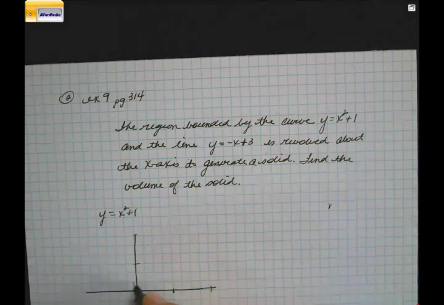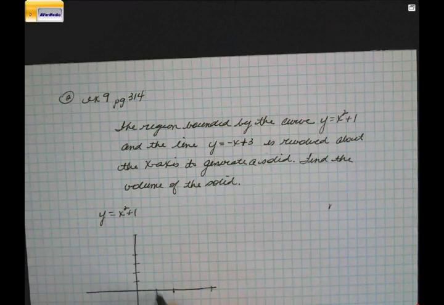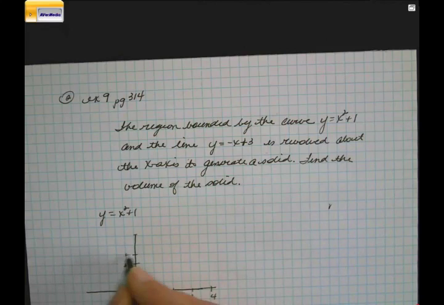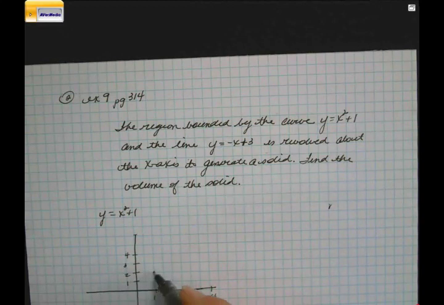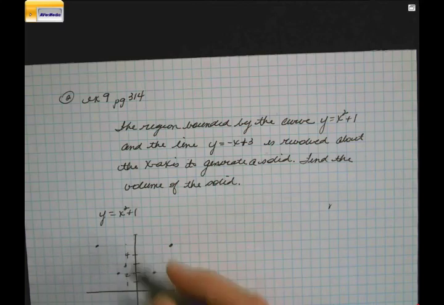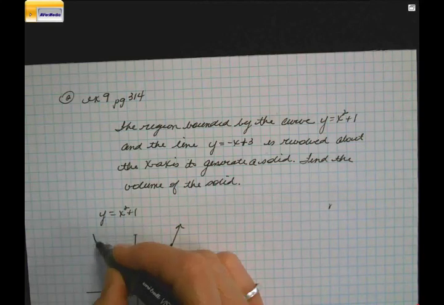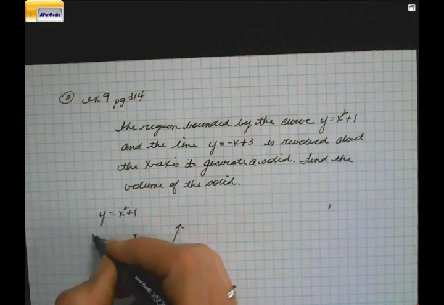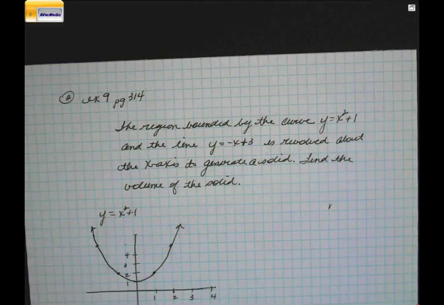So y equaling x squared plus 1 starts here, goes to here, like this. And so here's your parabola, or something like this. I don't have it perfect, so I'm doing it pretty quickly. Here's our parabola, and then we have the line y equaling negative x plus 3.